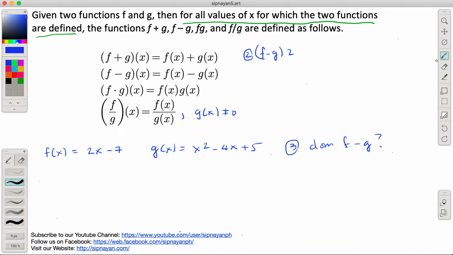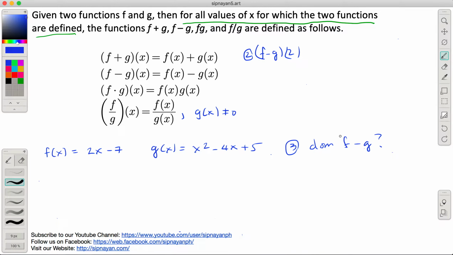In this video ay tutuloy natin yung series natin on operations and functions, no? So sa mga previous videos dito sa ating series, pinag-aralan natin kung paano ba mag-add ng functions. At the same time, pinag-aralan din natin yung effect ng domains ng individual functions, yung addends natin doon sa domain ng sum, no?